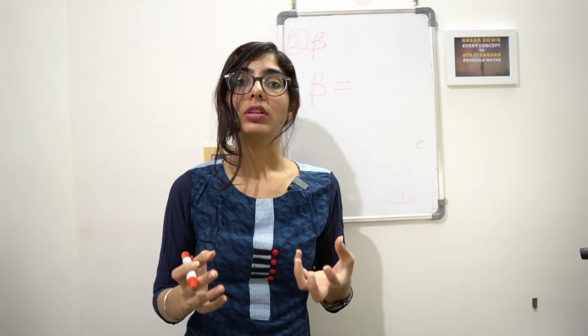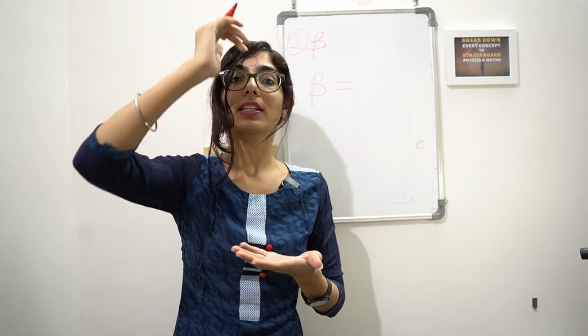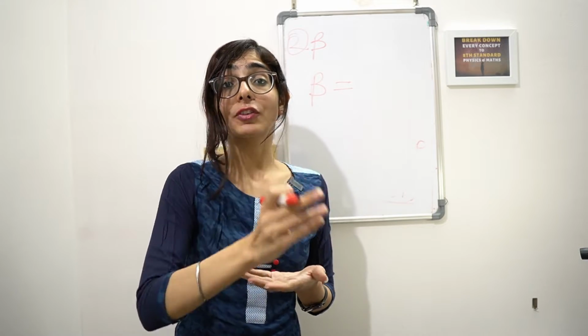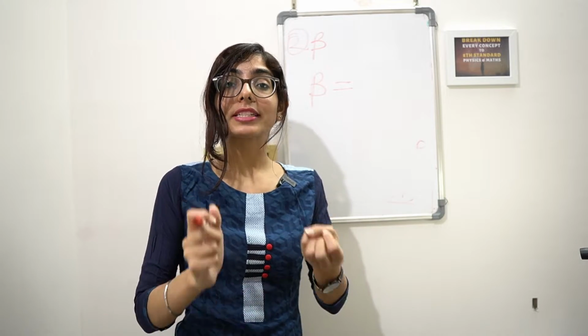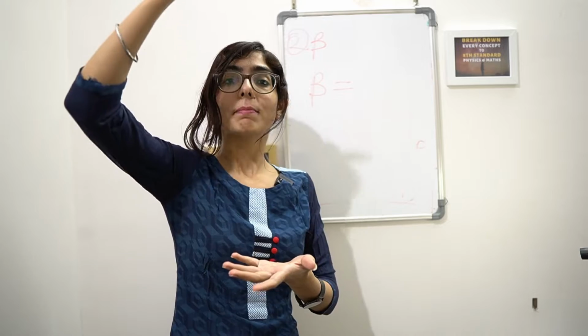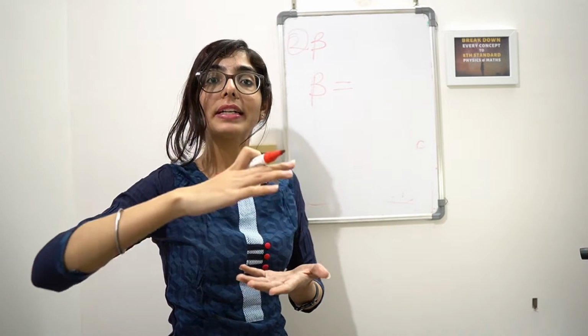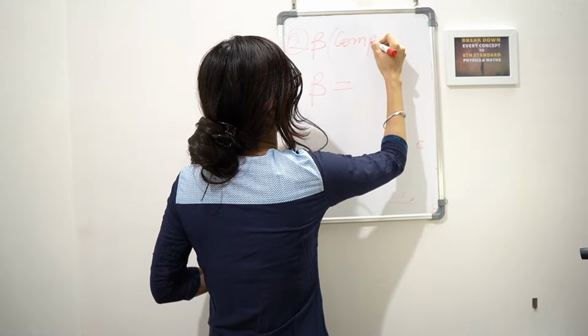So dV, the change, would be final minus initial, 50 minus 100, which is minus 50. I am just taking one example. So whenever we apply pressure and compression takes place, we also call it the compressibility factor.